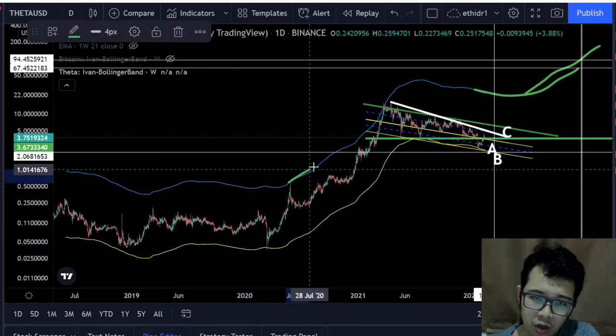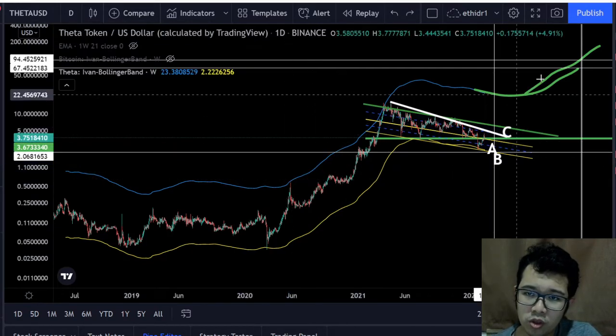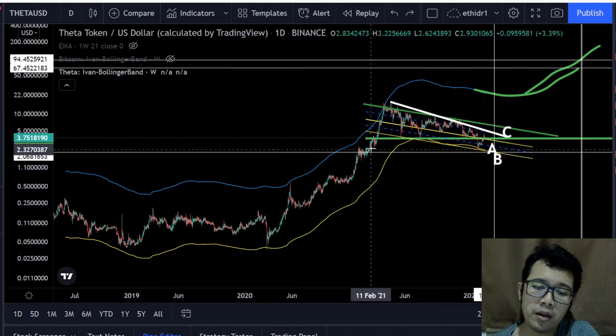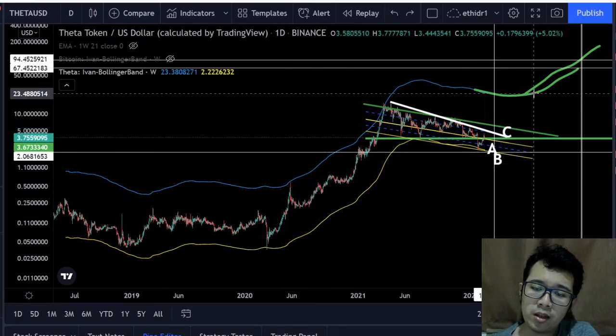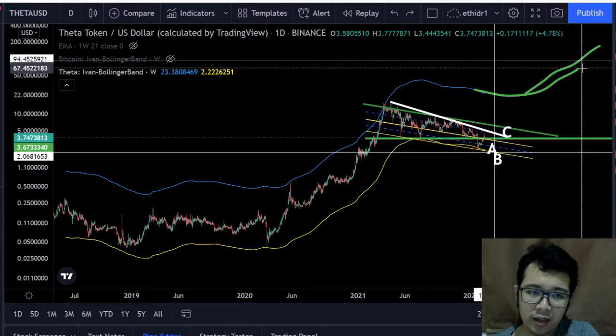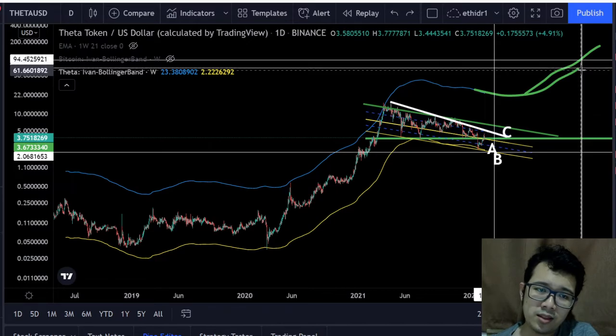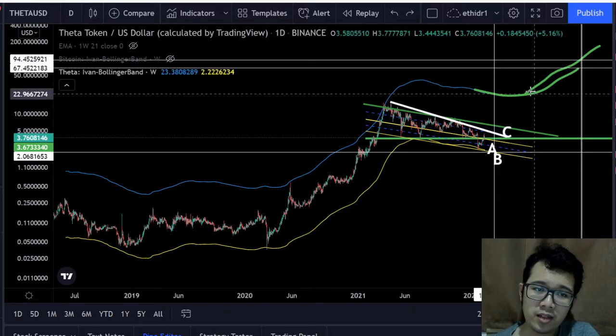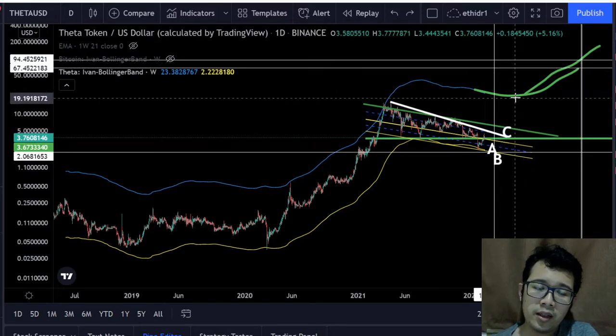So I drew this one and moved it to this one. The same bull run happening in June, maybe the bull run starts in July like this. You can find the first target for Theta is about 67 and the next target is about 94.